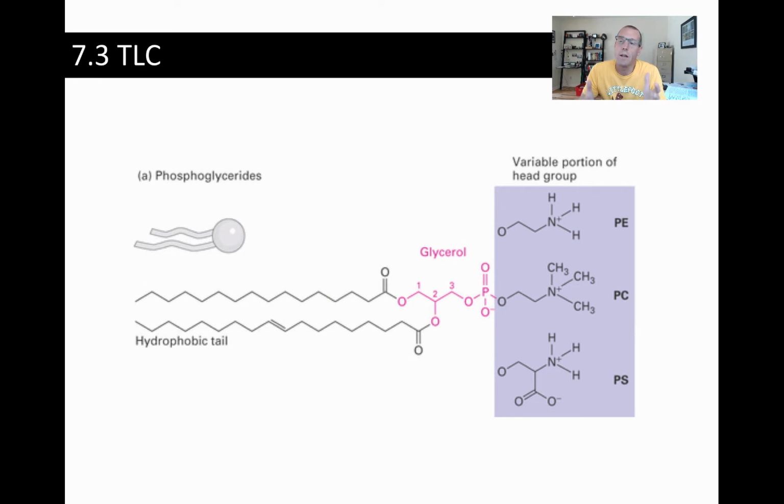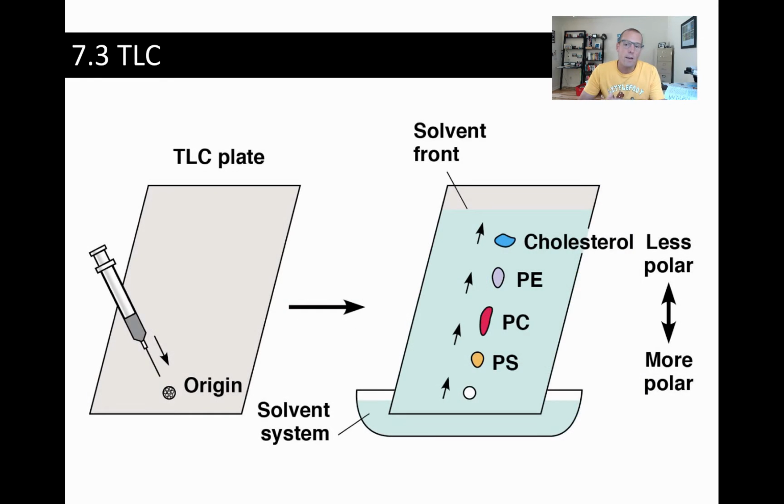So let's imagine we've just taken some cells growing in a dish, and we've got those cells into a tube, and we've broken the cells open, and we want to isolate just the plasma membranes. So we do our kind of differential centrifugation thing, so we isolate just the membranes. Then we can use a technique called thin layer chromatography.